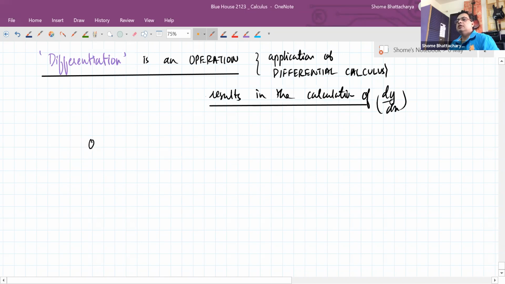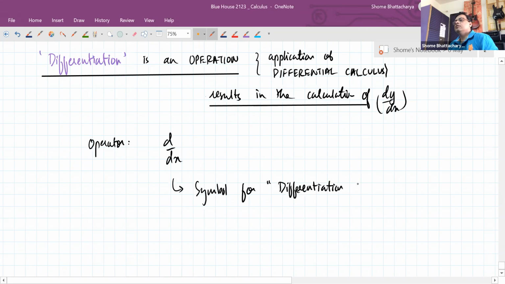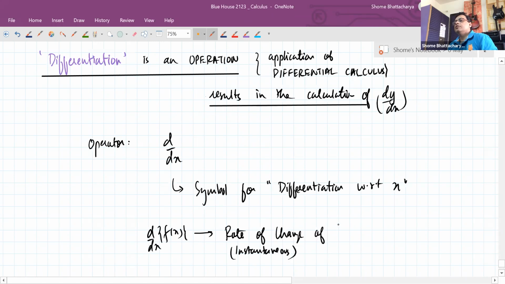So the differentiation operator is given this symbol. Okay, so this is the symbol for differentiation with respect to x. So that's how we read this. Okay. So when this operator is applied on a function, it gives us the instantaneous rate of change of f(x) with respect to x.